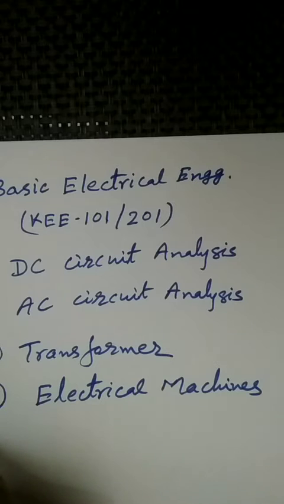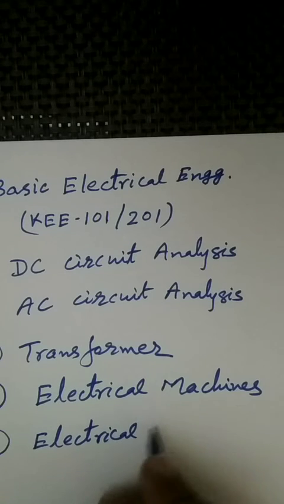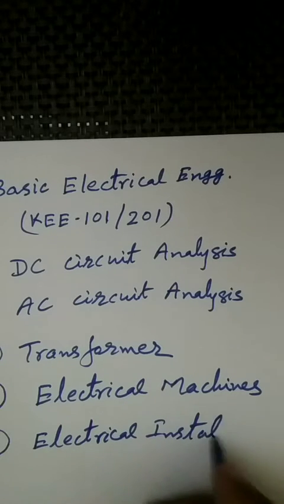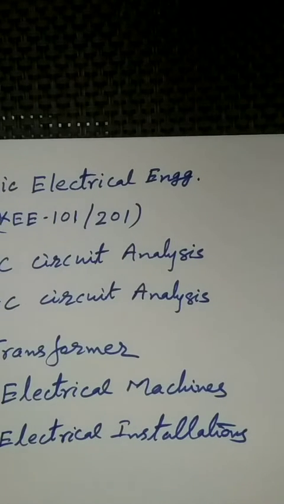And the fifth module is called electrical installation. In this fifth module, basically we will learn about the household wirings, the earthing, the batteries, different types of cables and wires, then different types of protecting devices like MCBs, fuse, etc. So in first year, the subject Basic Electrical Engineering consists of these 5 modules, and we will start one by one.